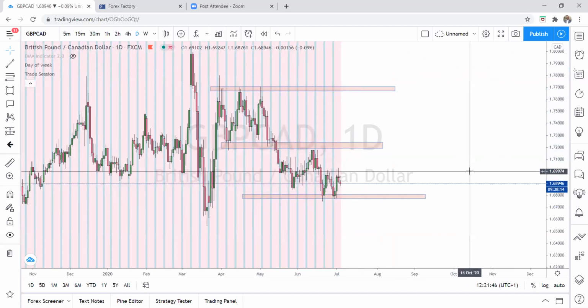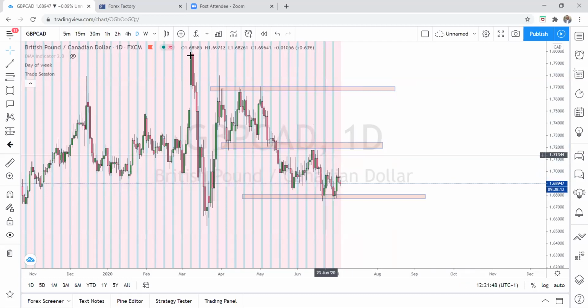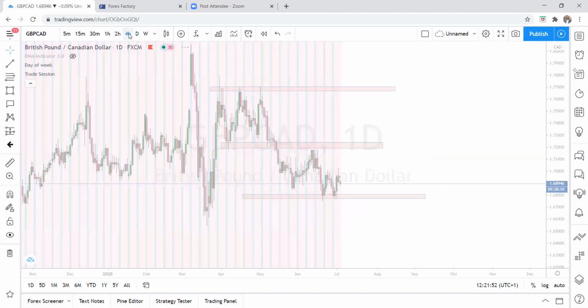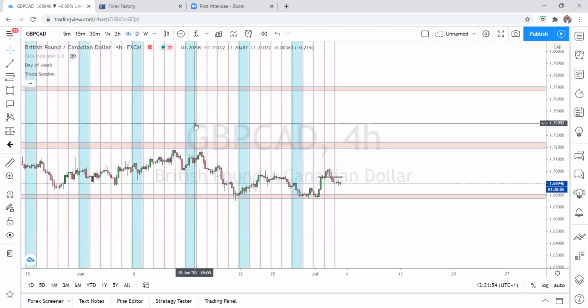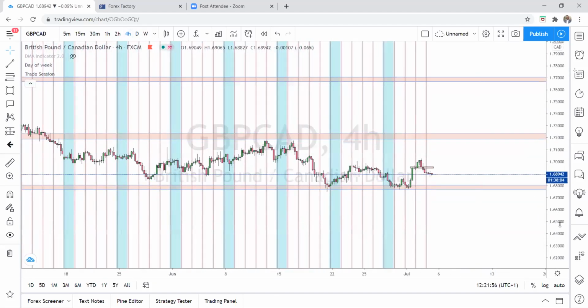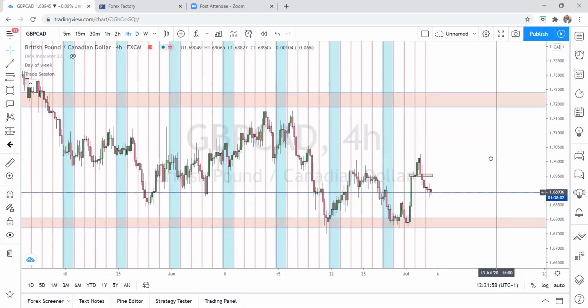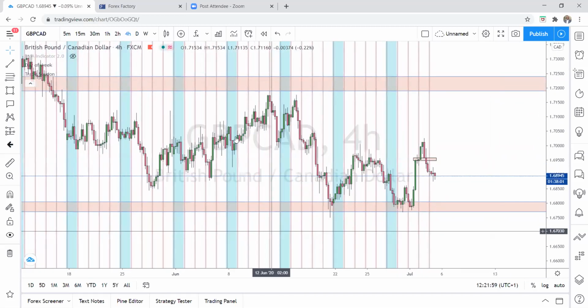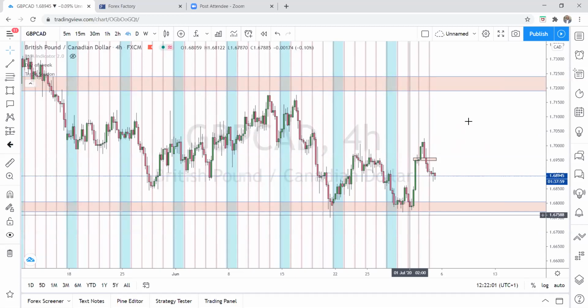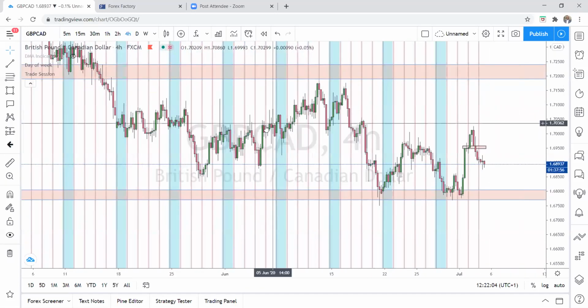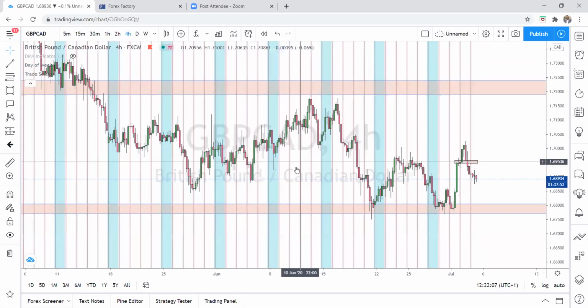Okay. Now, after drawing this structure this way on the daily, what do I do? I take it back to 4 hours and see what is happening in 4 hours. So you can see that this market is essentially in the middle of the daily range. You see the range?